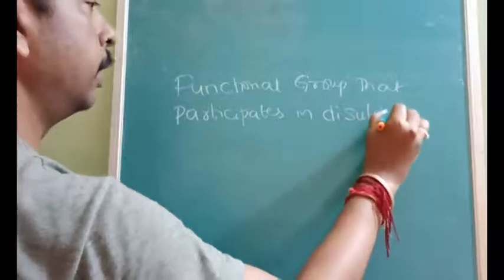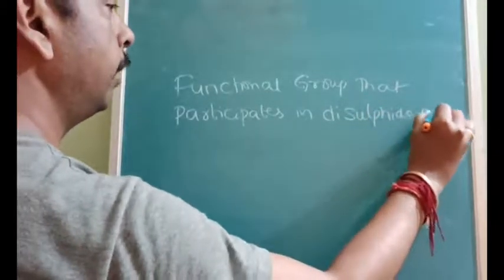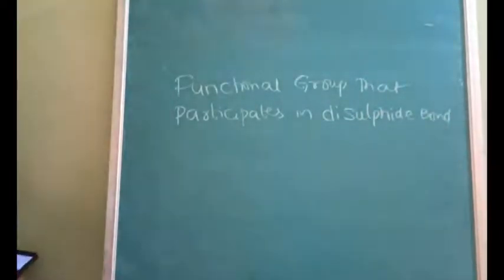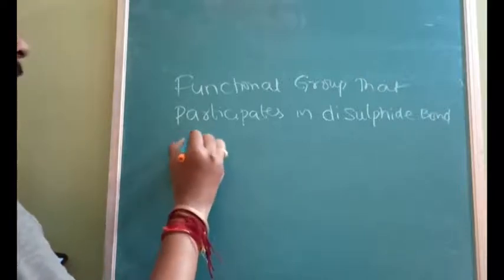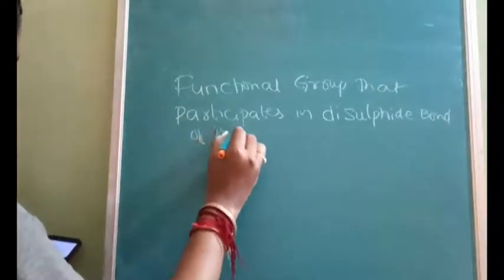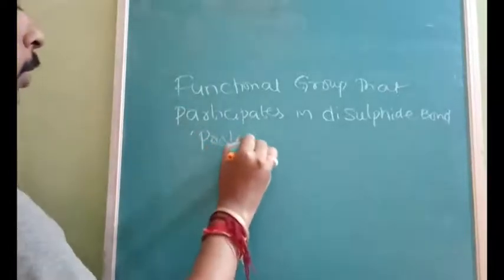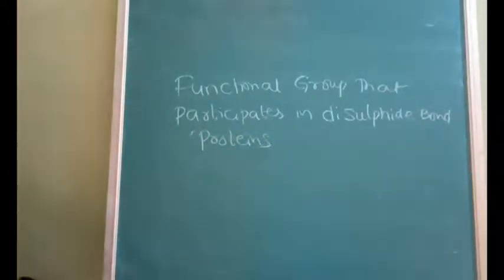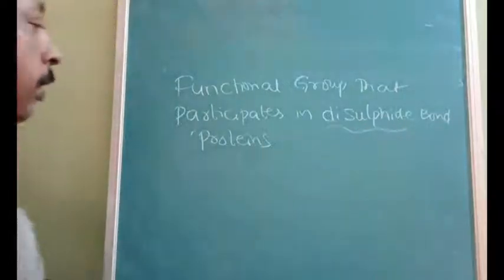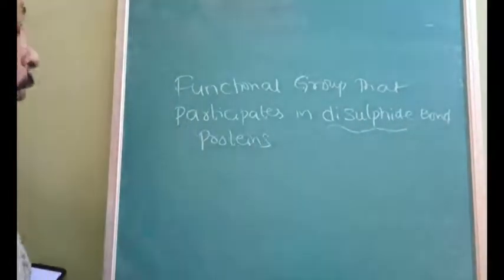Is it understood? Proteins are formed through the disulfide bond; which functional group is present?